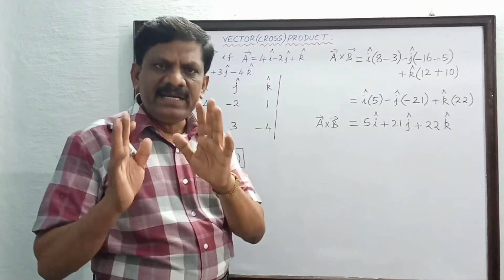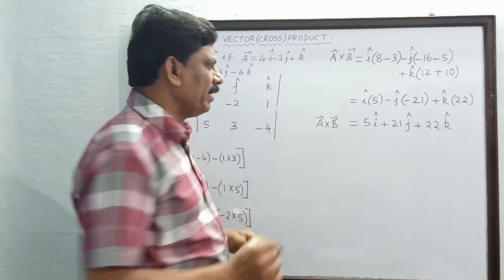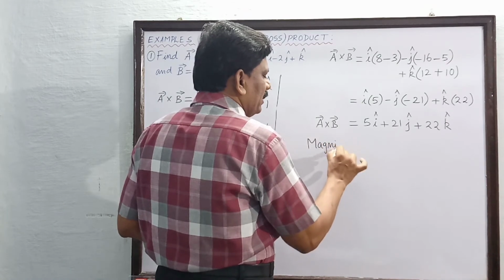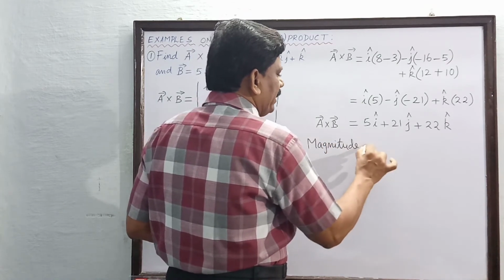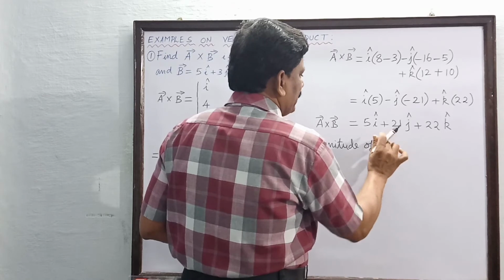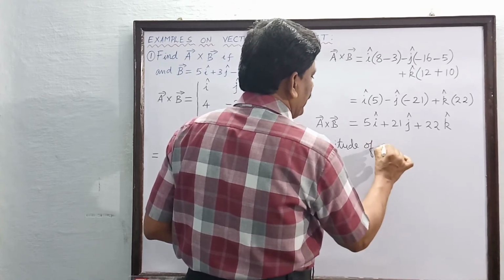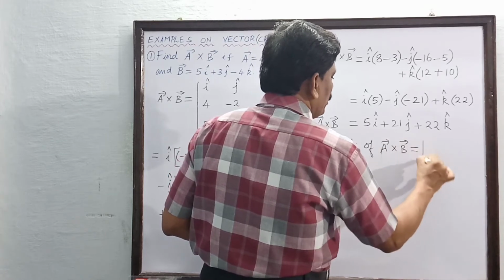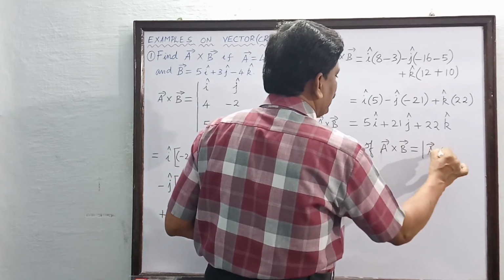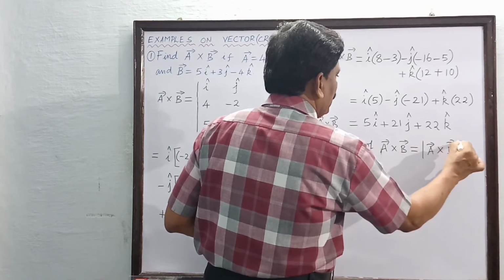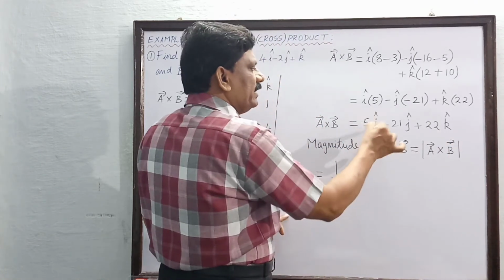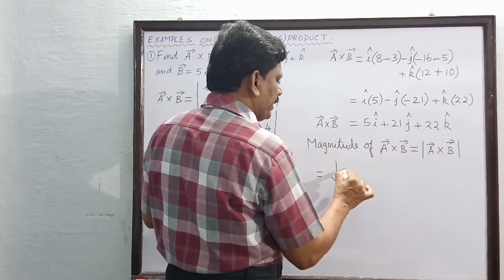Suppose if you want to find the magnitude of A cross B, you can check this. The magnitude of this vector A cross B is equal to the modulus of vector A cross B, and that is equal to the square root of these components squared and added.